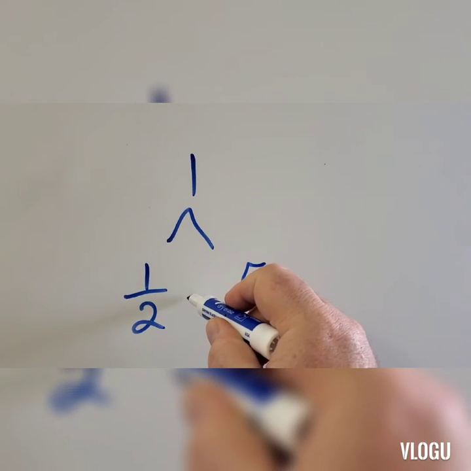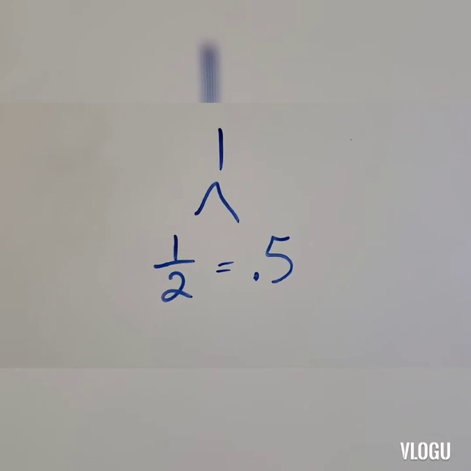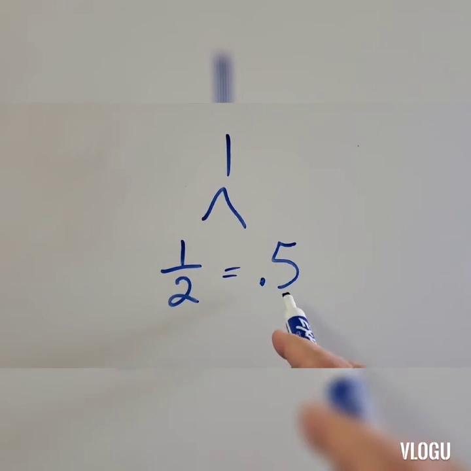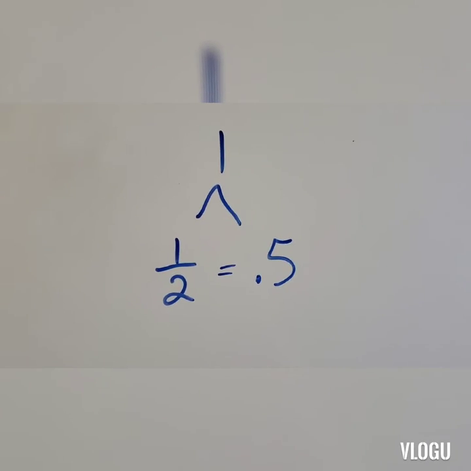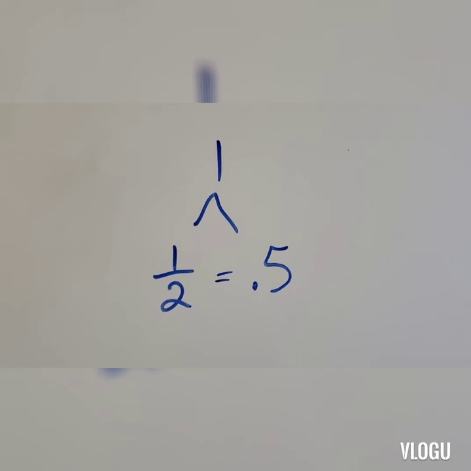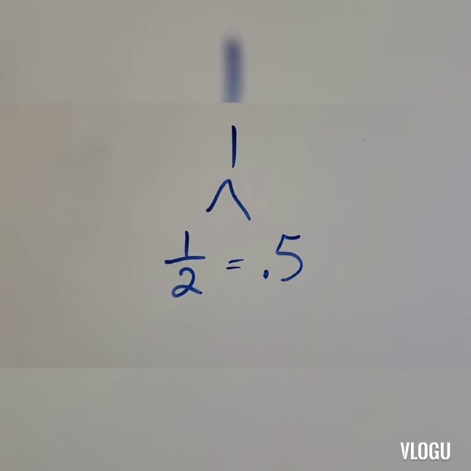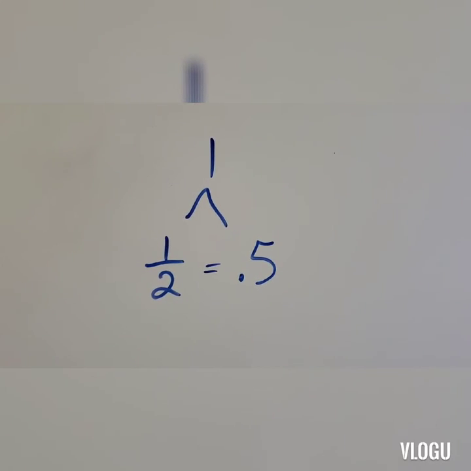So, how can we change from fractions to decimals? Well, it's pretty easy as long as you use division. If you remember that fractions are really a division problem, then we can convert it to a decimal.